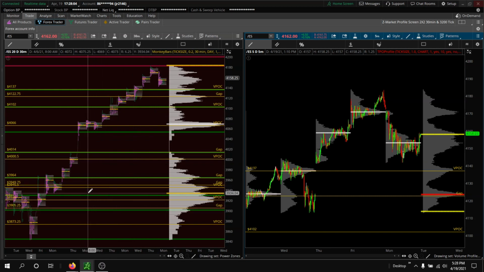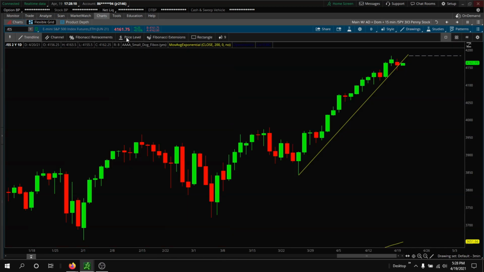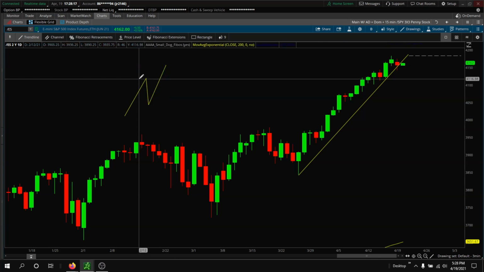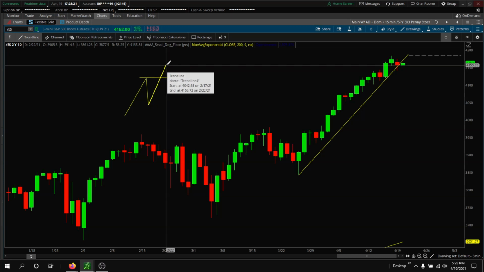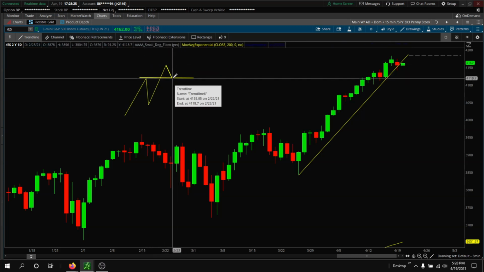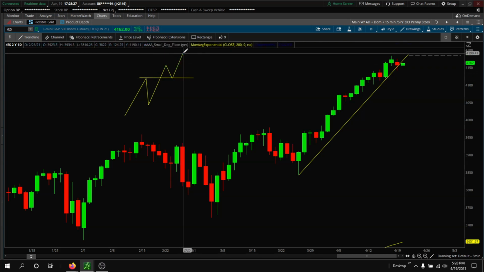All these VPOCs and open gaps, which means everything is being built. This entire market rally is being built on very weak structure, because when you start to make new highs and new lows, you want price to go up and then come back down, retest that high, or where the most volume traded.